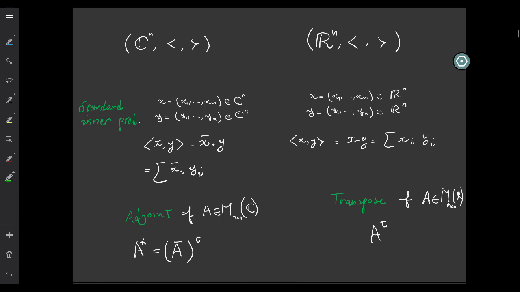Only one of them we have to choose, but I'm using physicist notation because that's how I taught this in the class. Whenever you see a transpose in Rn, an analog in Cn would be the adjoint. So you conjugate and transpose.